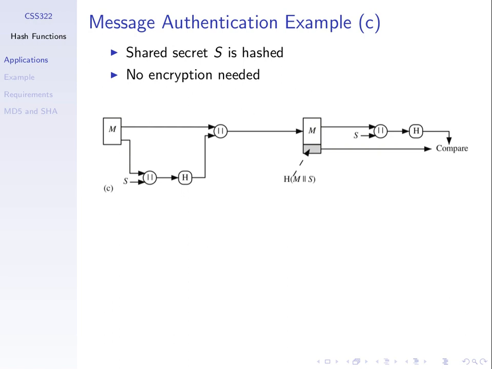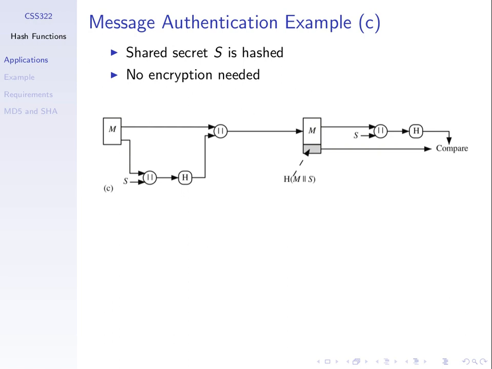If they can do the inverse of the hash function, they know h, lowercase h, they know the hash value. If they know the inverse function, then they can take lowercase h and apply the inverse and they'll get m concatenated with s.